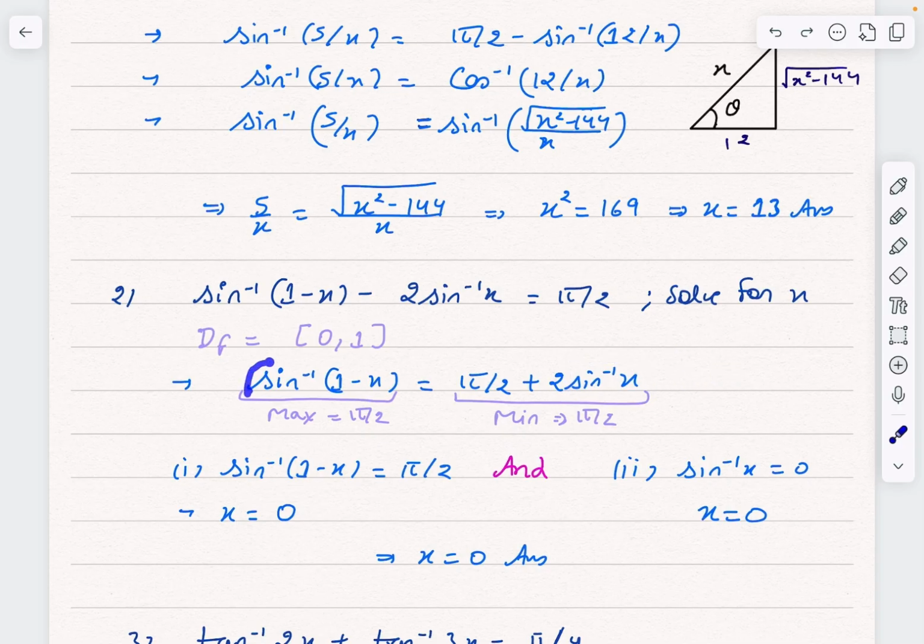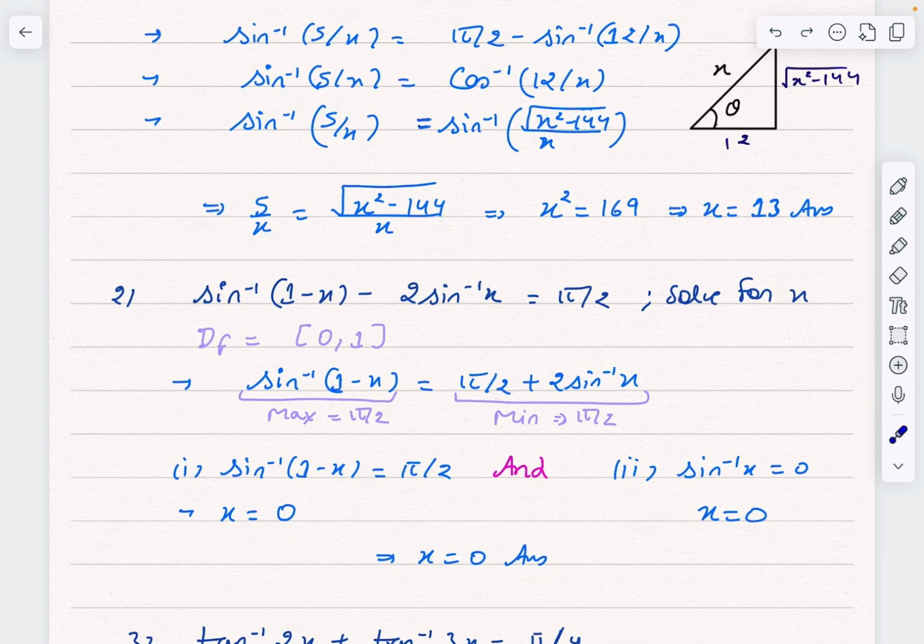And the maximum value of sine inverse is also pi by 2. So this is maximum pi by 2, this is minimum pi by 2. So the only way we can get a solution is if this is maximum and this is minimum. So sine inverse of 1 minus x should be pi by 2 and sine inverse x should be 0. Both of them will occur at x equal to 0. So we can say the answer will be 0.